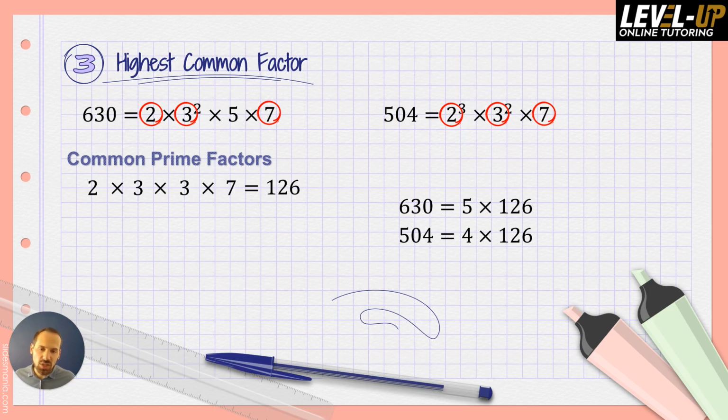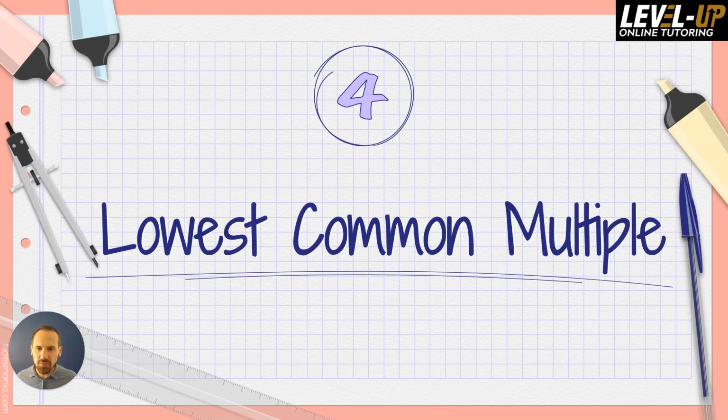Where if we used 42 before, 630 would be 15 lots of 42, 504 would be 12 lots of 42. And you look at 12 and 15, they do share a common factor of 3. And that's a clear sign there that what you have there is not the highest common factor. So we can be sure here that this is definitely right.